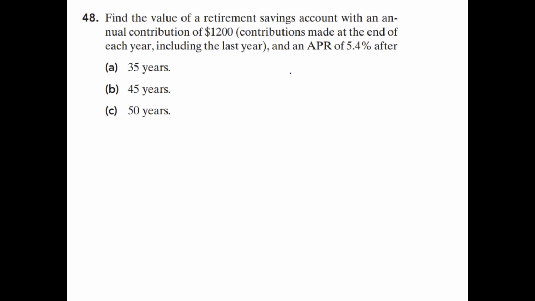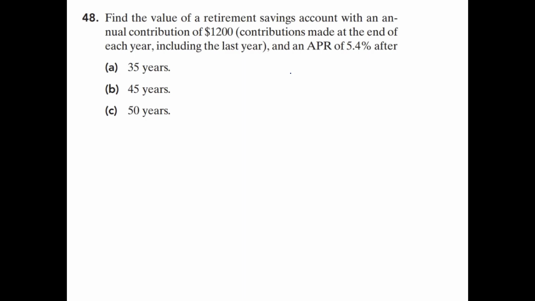Okay, so find the value of a retirement savings account with an annual contribution of $1,200, contributions made at the end of each year, including the last, and an APR of 5.4%. So what we're changing here is for A, B, and C, we're changing the duration of the time, just to show you that time is critical when planning for retirement.